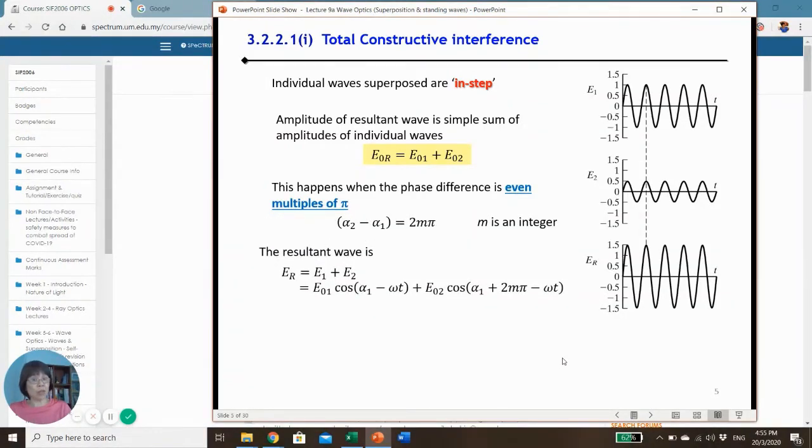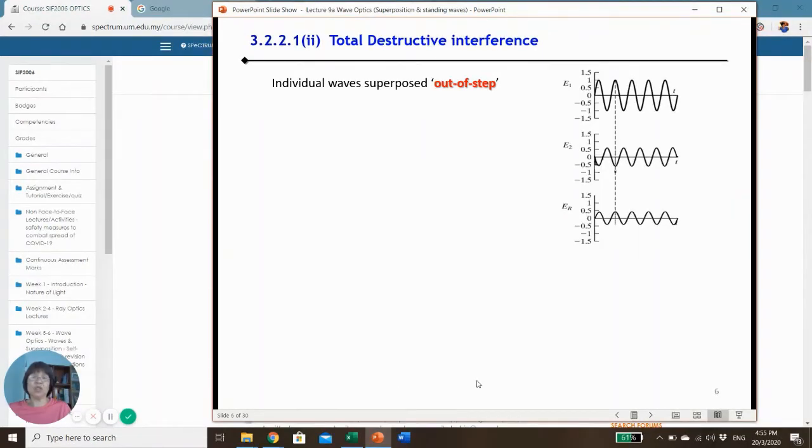And the resultant wave, we can write in this form, whereby in the second wave we add a 2m pi there, and you will find that adding 2m pi will still give you cosine of alpha 1 minus omega t. So in other words, this becomes the common factor, and we just add the amplitudes.